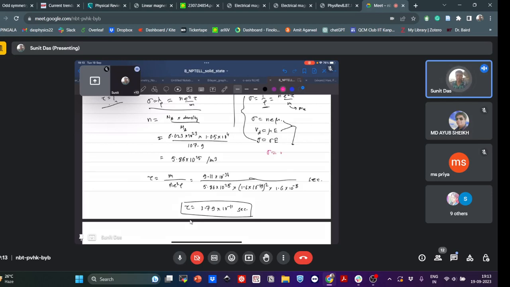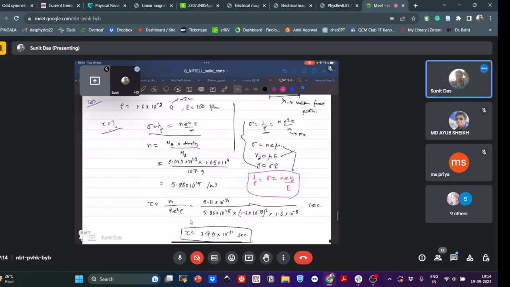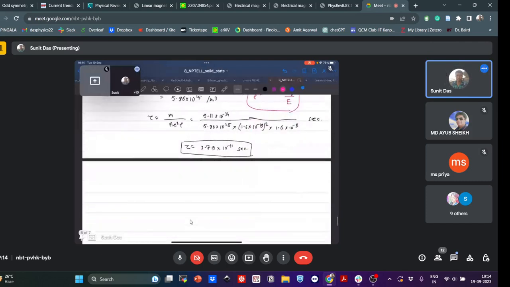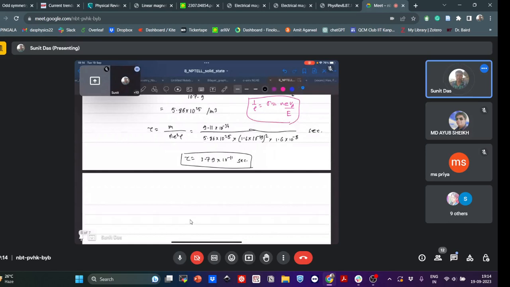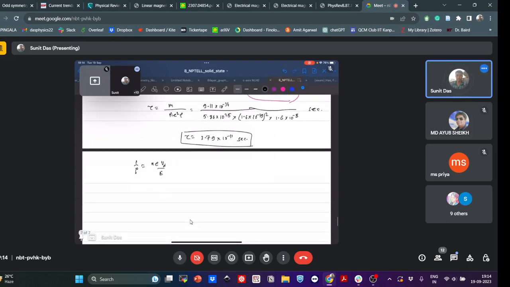Sigma equal to n e vd by e, right? And this is 1 by rho. From this we can find the drift velocity. Electric field is also given. So 1 by rho equal to n e vd by e, right?